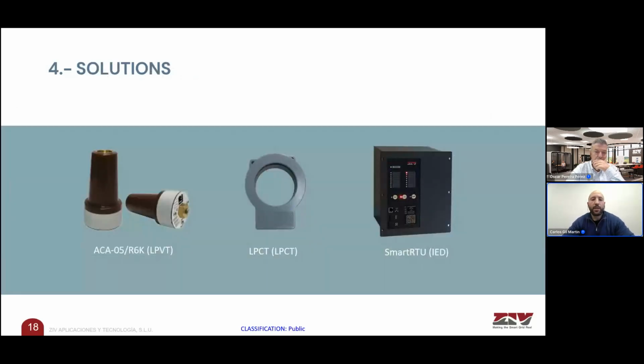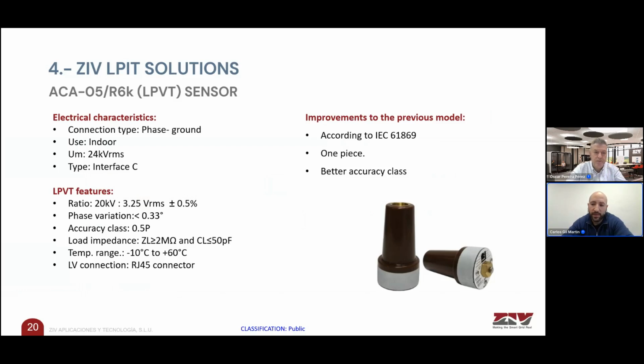Finally, let me show you a little bit 3 examples of our portfolio that complies with this new standard. The first one is our sensor for GIS. It is a sensor for connection indoors in a switchgear of 24 kV for interface C of bushing.